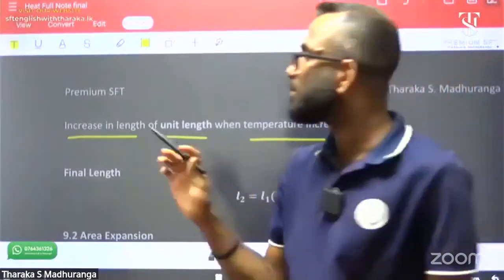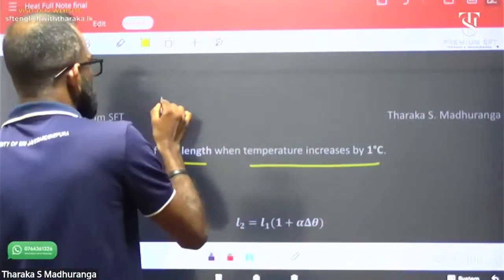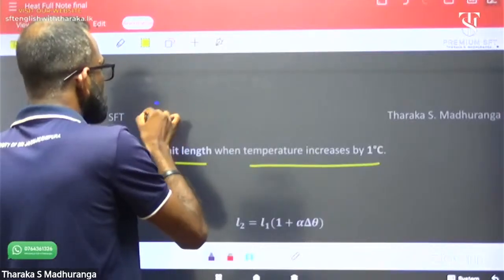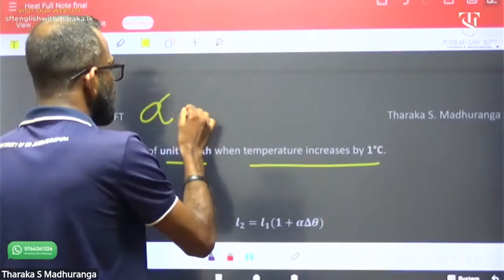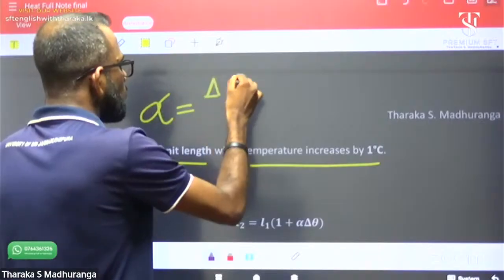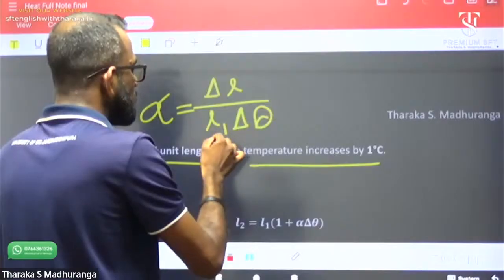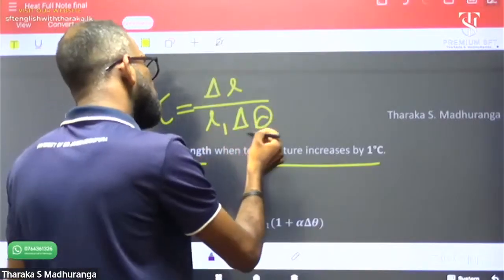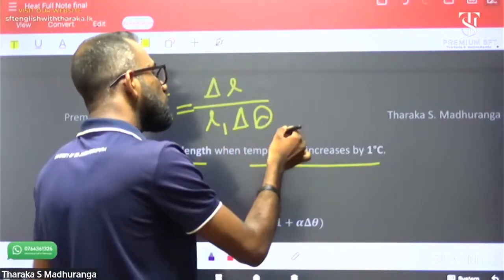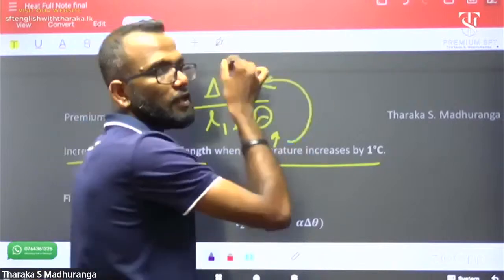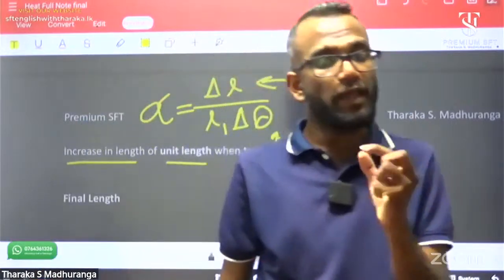Okay, how can you remember this? Please understand how to remember, no need to learn by heart. Alpha equals delta L over L1 delta theta. For unit length, with temperature increase by 1 degree, the linear expansion is the linear expansion coefficient.